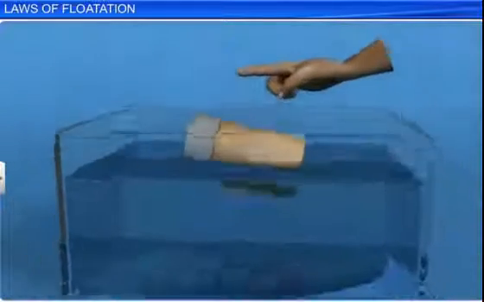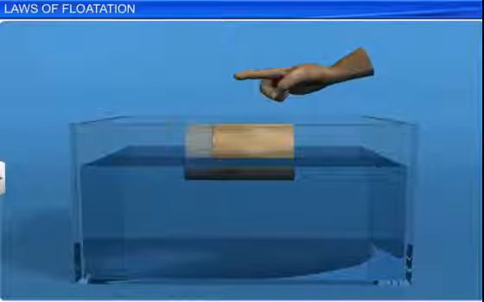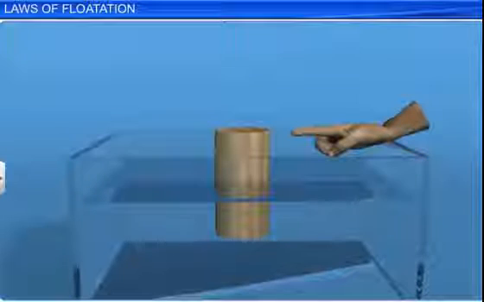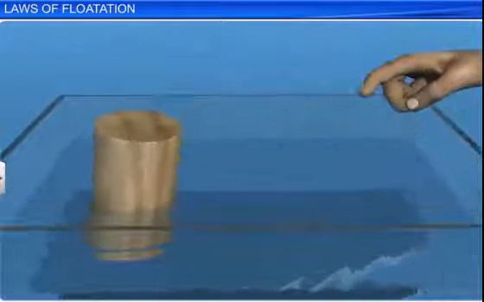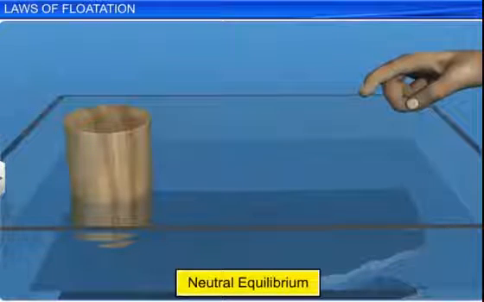If the floating body overturns after a small angular displacement, then it is said to be in unstable equilibrium. After a small angular displacement, if the body settles at a new position without overturning, then it is said to be in neutral equilibrium.